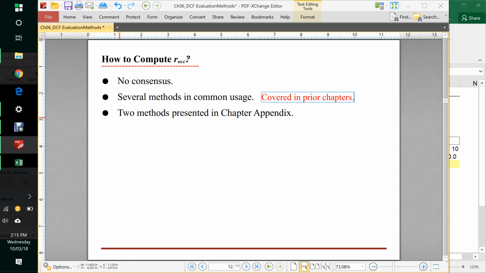And also, two of the methods are covered very briefly in this chapter's appendix. You can look at them if you want. I strongly recommend you look at the videos on the prior chapters, which are going to be assigned alongside this lecture.